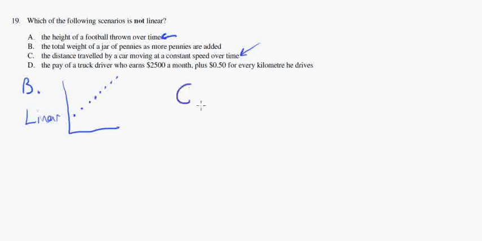Okay. C. This is traveled by a car moving at a constant speed. Well, constant speed means that if I travel a certain time, I'll travel a certain distance. If I travel some more, I'll continue traveling the same amount of distance for every interval of time. So this looks like it can also be linear.